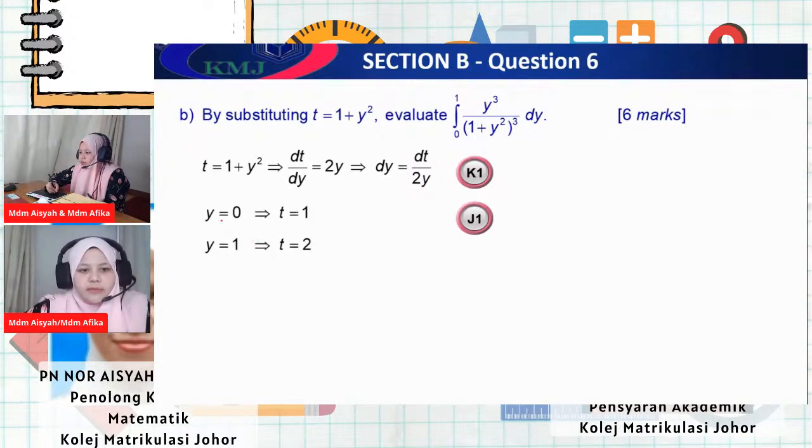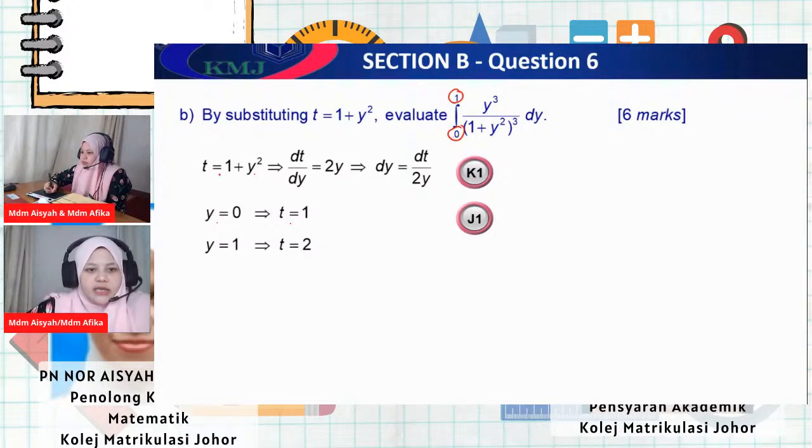Then we need to find the new limit for t. This is the limit for y. So we just substitute: when y equals 0, t equals 1. When y equals 1, t equals 2. So this is the new limit for the variable t.